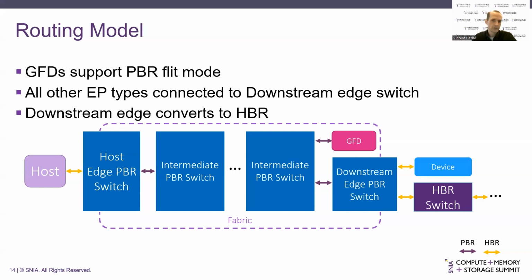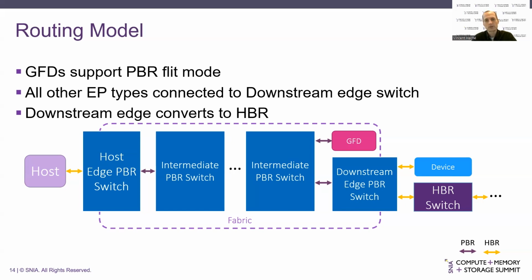All other endpoints, so the HBR-based endpoints, will connect through what's called a downstream edge switch. And the responsibility of the downstream edge switch is to convert into HBR mode. So the types of devices that can connect into a CXL fabric are SLDs, MLDs, even just PCIe endpoints.